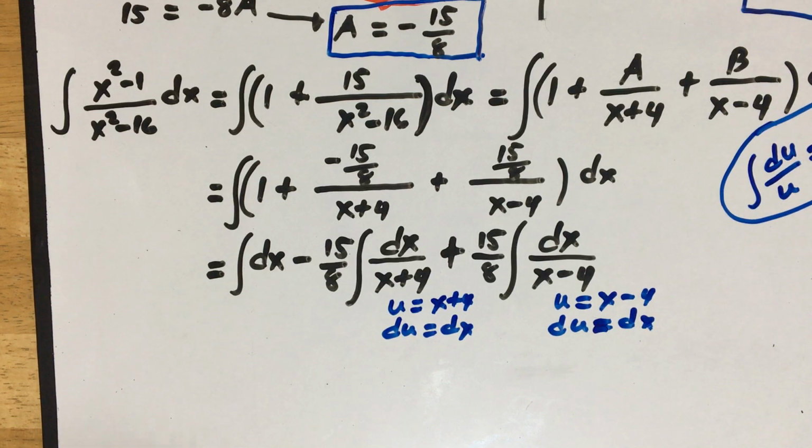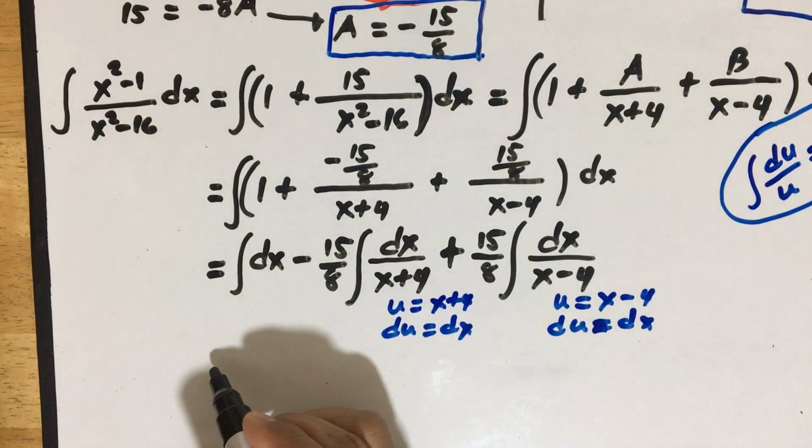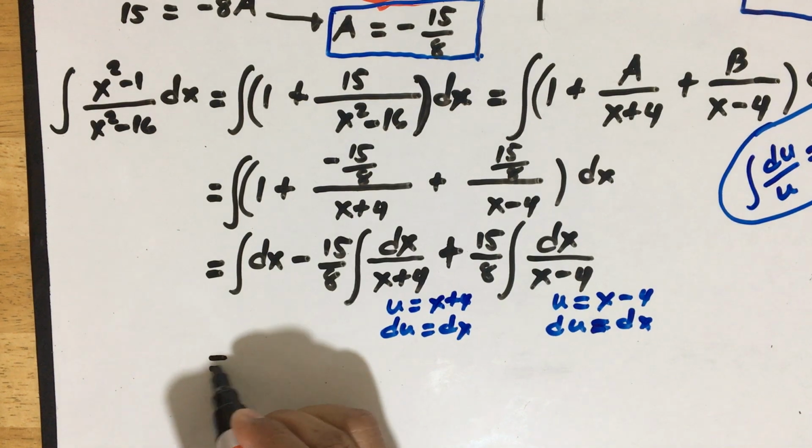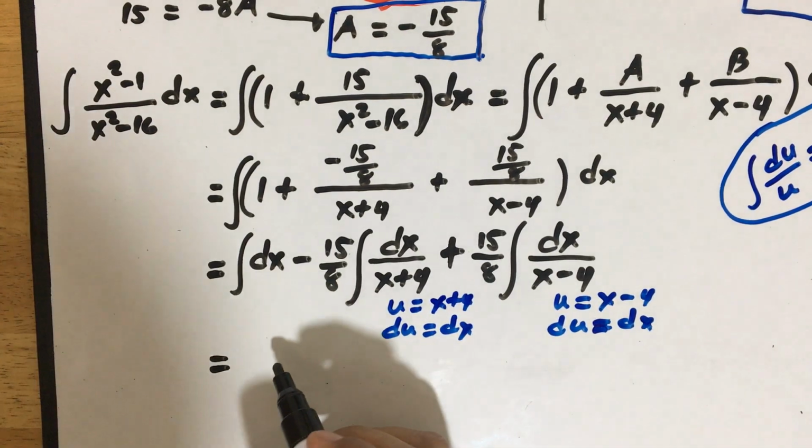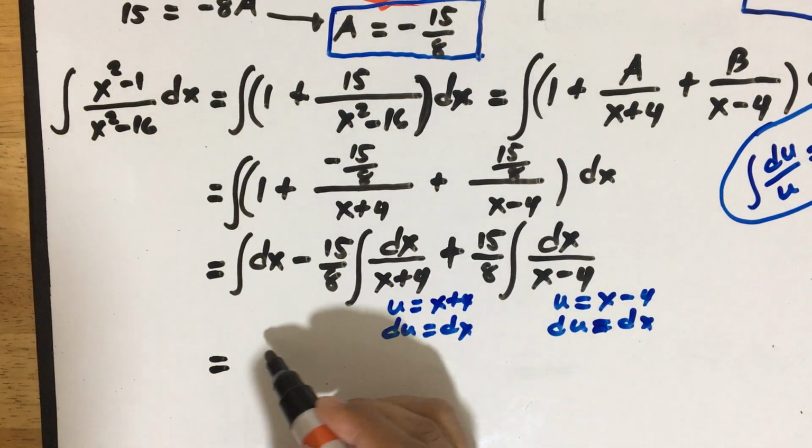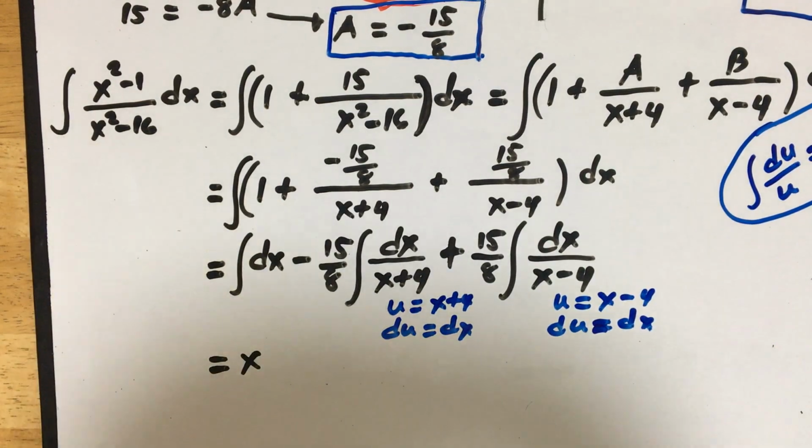So we can now write this as the first term. Our first term here, integral of dx, is simply x. And how about the second term?